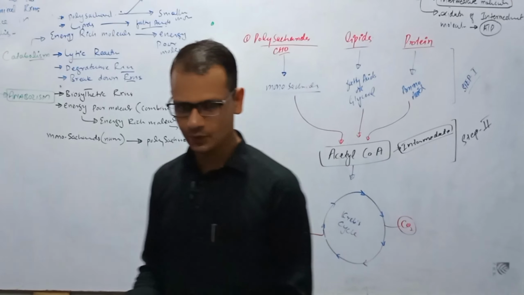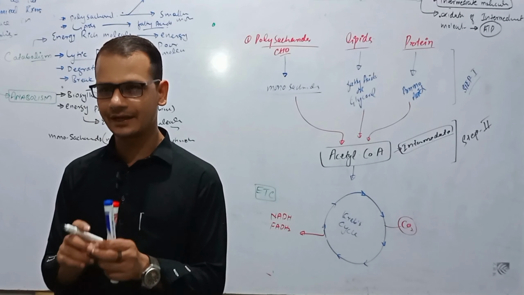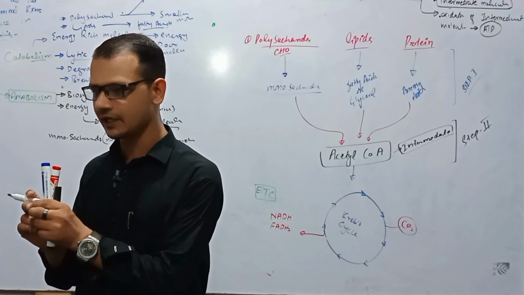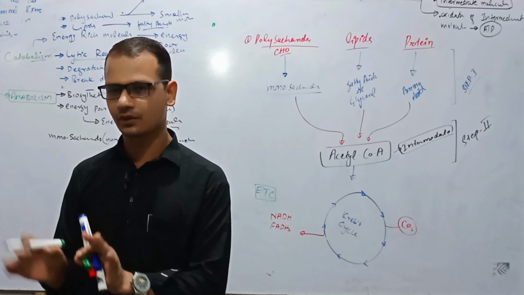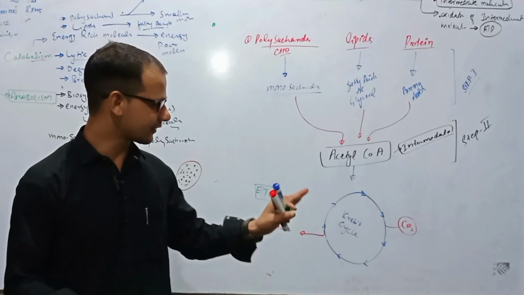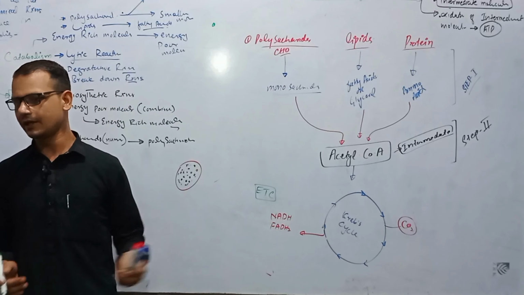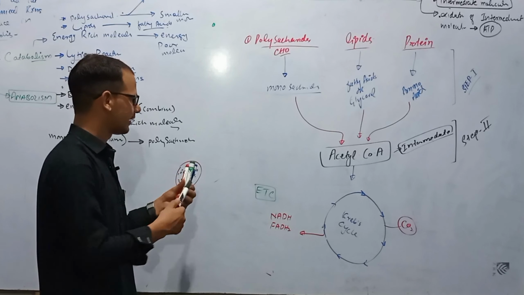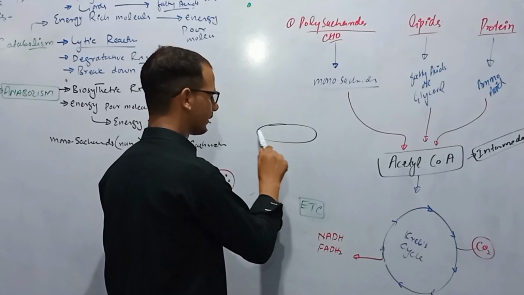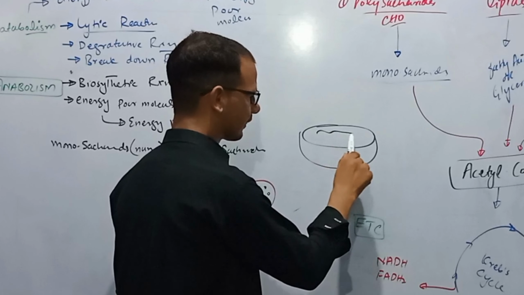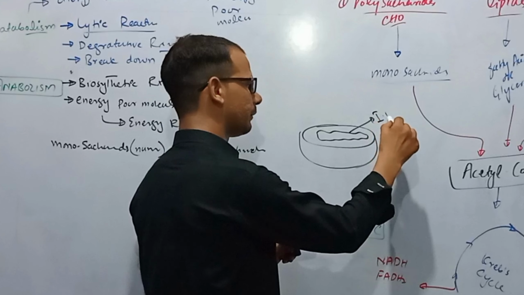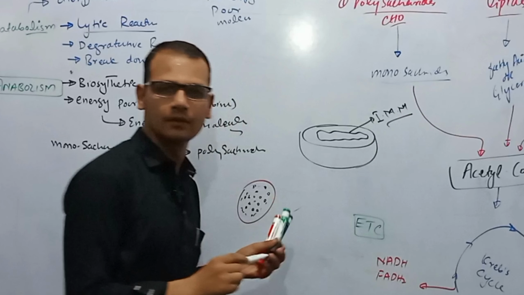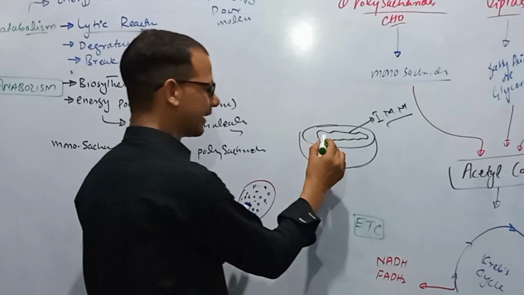The enzymes which are responsible for catalyzing the electron transport chain are present on the inner mitochondrial membrane, not on the outer mitochondrial membrane. That's why the electron transport chain occurs in the inner. For example, we have mitochondria here. This is the inner mitochondrial membrane, and this is the matrix.